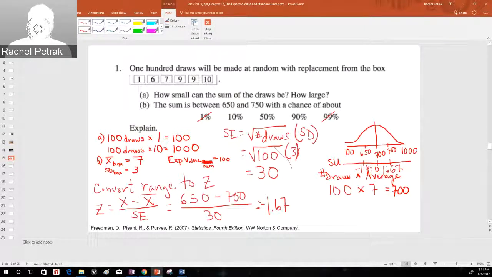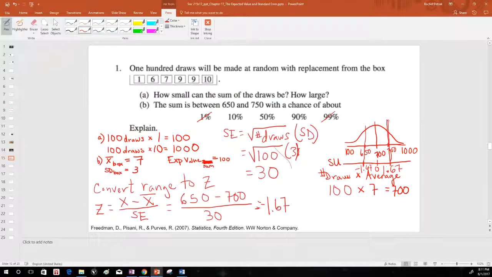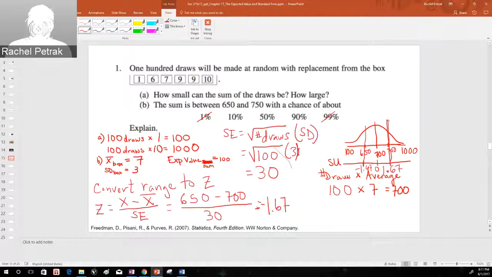Okay, so as always for this process, we need to find the proportion of the distribution that lies within this area. Imagine these are aligned correctly. And so the mean to z for 1.67, the area here, is about 45%.